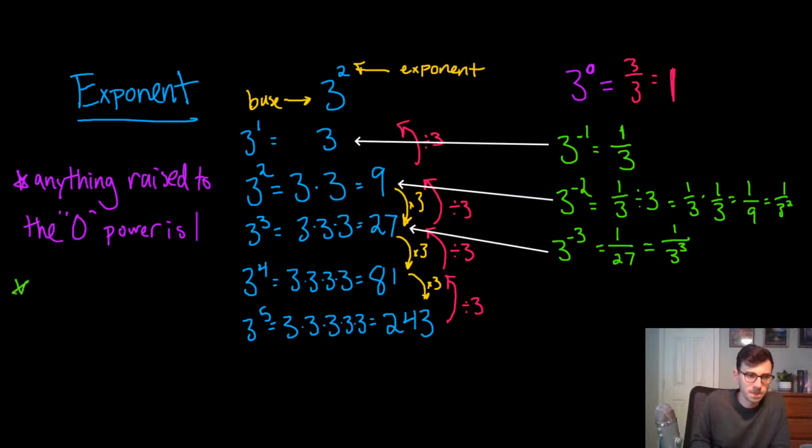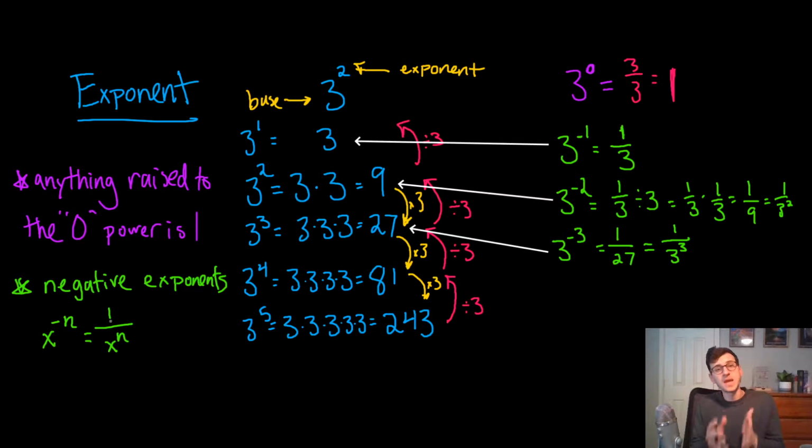So, negative exponents: if you have some number x to the negative n, that's equal to 1 over x to the n.